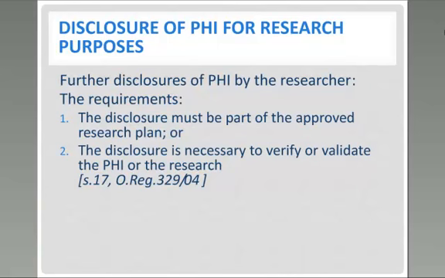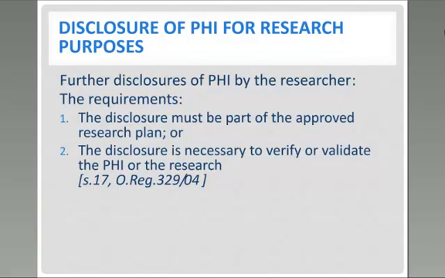So those are the two circumstances in which you may, as the researcher, disclose that data further to another researcher, as long as that's part of the plan approved by the REB, and that will be included in your research agreement.